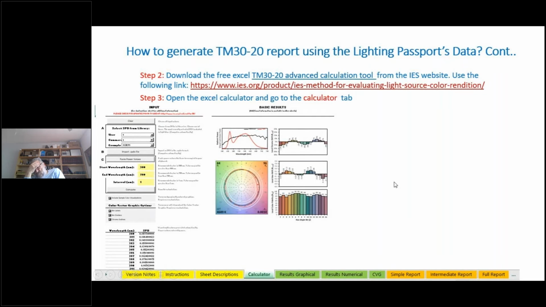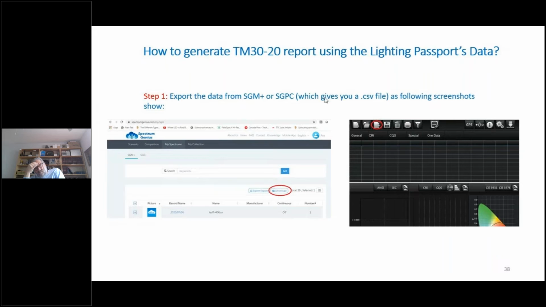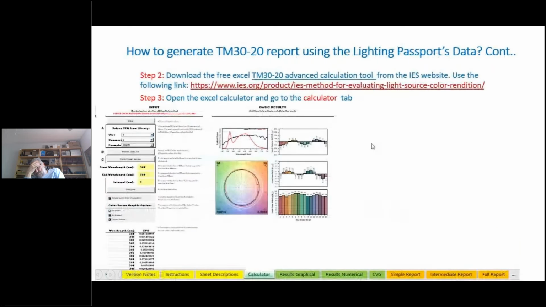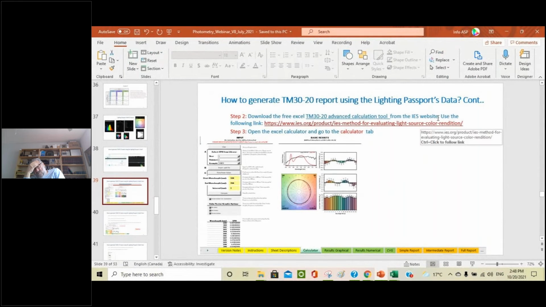So in order to generate the TM30 report, the first step would be to export the data from SGM Plus or SGPC on your desktop. And then you would need the TM30-20 advanced calculation tool. It's a free Excel calculator that you can get at the following link.